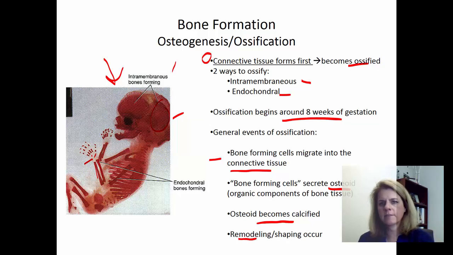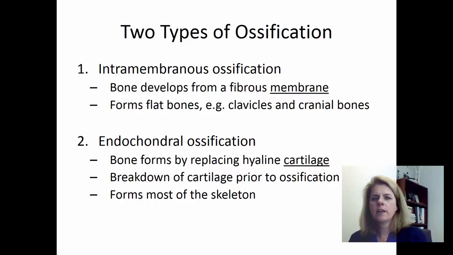So that's the last step. You lay down the cartilage or the membrane, the bone-forming cells come in and put down the calcium, that makes the bones hard, and then you reshape and remodel them. So those are the general steps of bone formation. Let's go into each type and talk about what's going on.